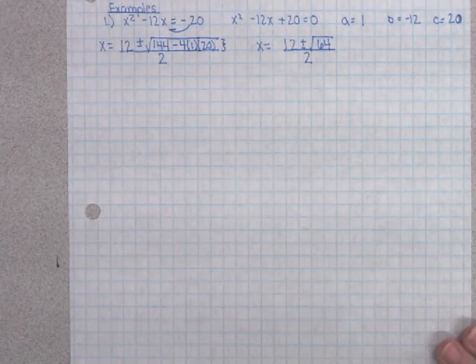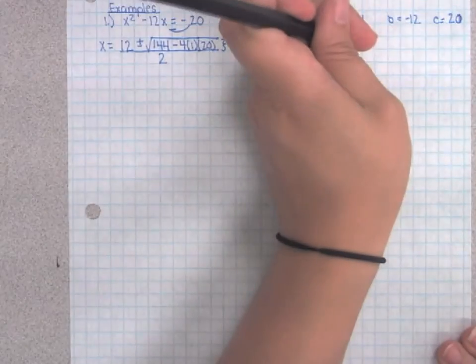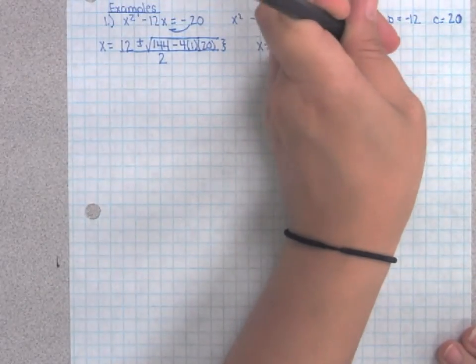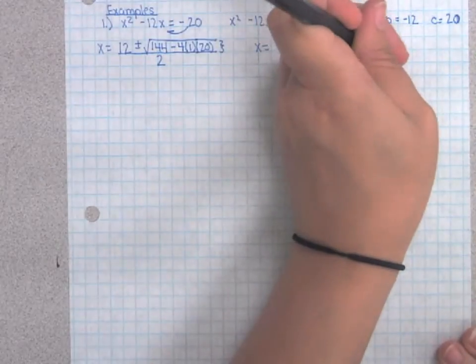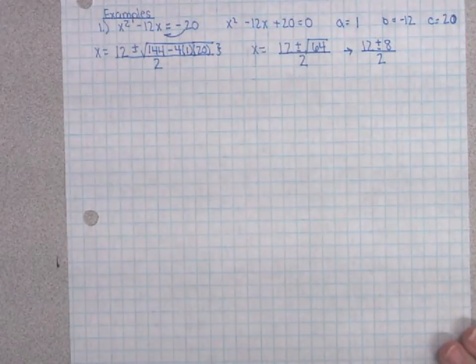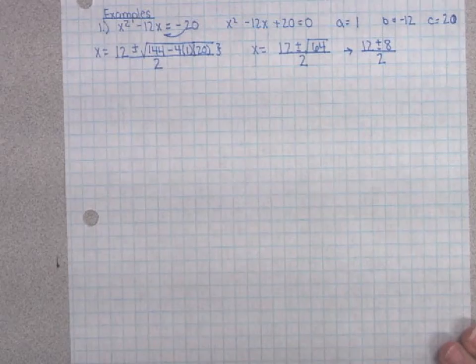From there, if you use your space wisely, this does not use a lot of space. Do you know what the square root of 64 is? 8. So you have 12 plus or minus 8 all over 2. What do we usually do when we have plus or minus?